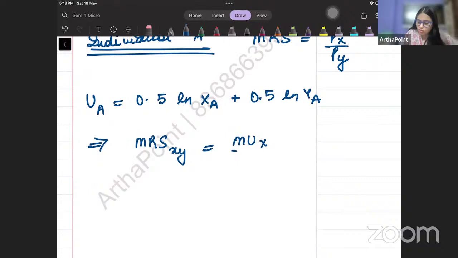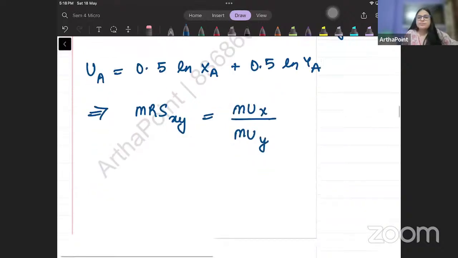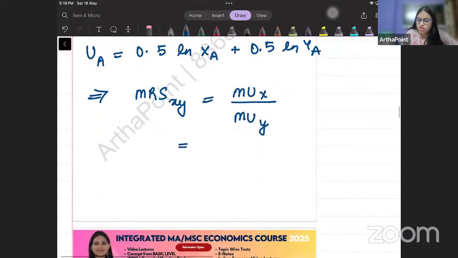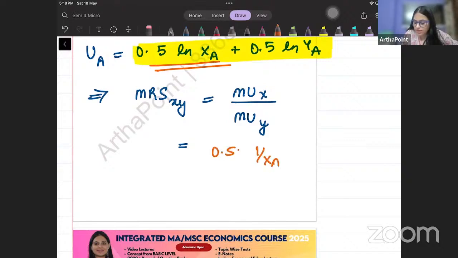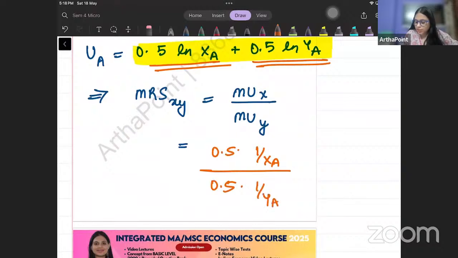MRS will be MUX by MUY. So if I differentiate this function with respect to X beta, तो क्या मिलेगा? This will be 0.5 into 1 by XA. If I differentiate this with respect to Y beta, what will I get? 0.5 into 1 by YA. So 0.5 cancelled. YA by XA. Am I clear with this?